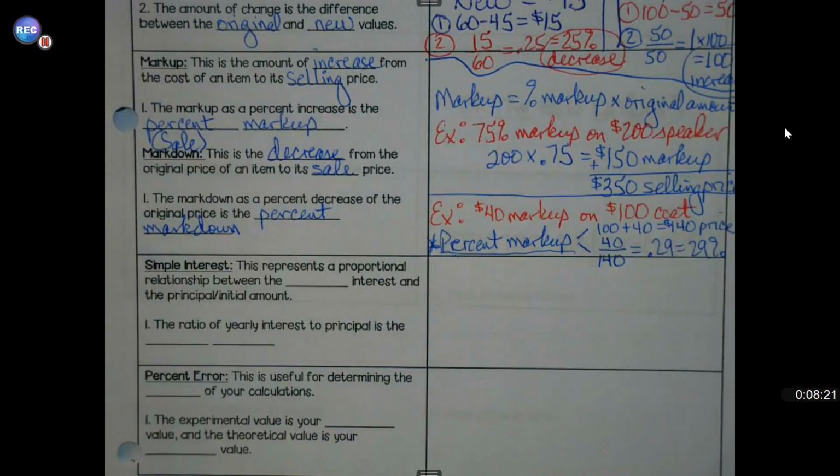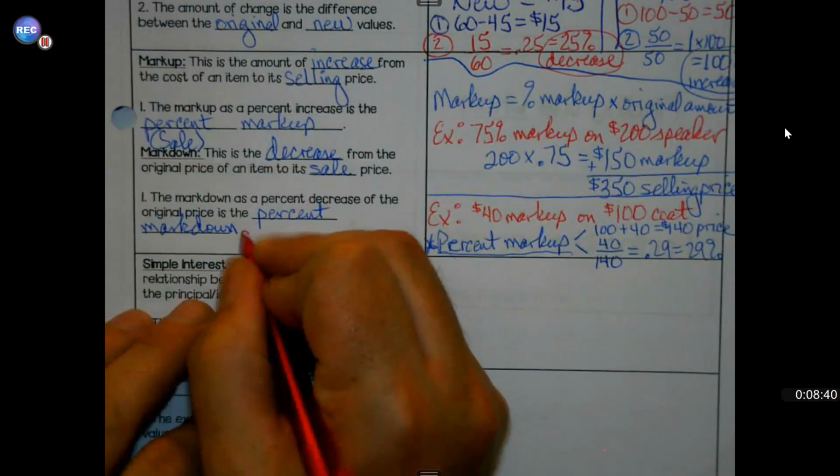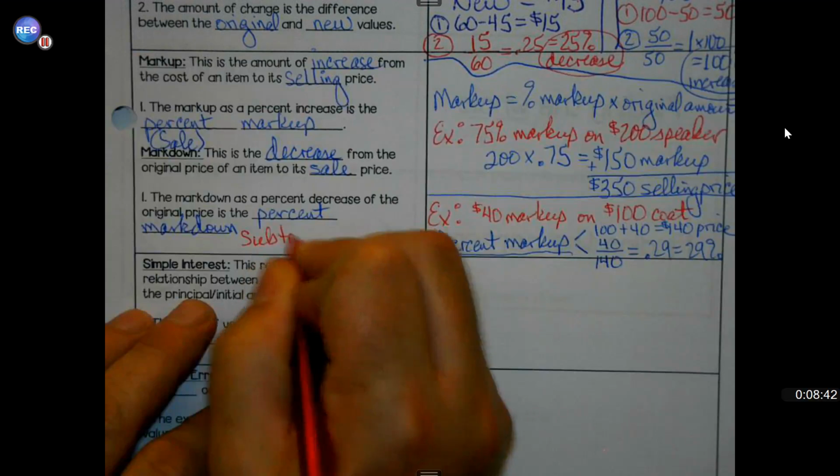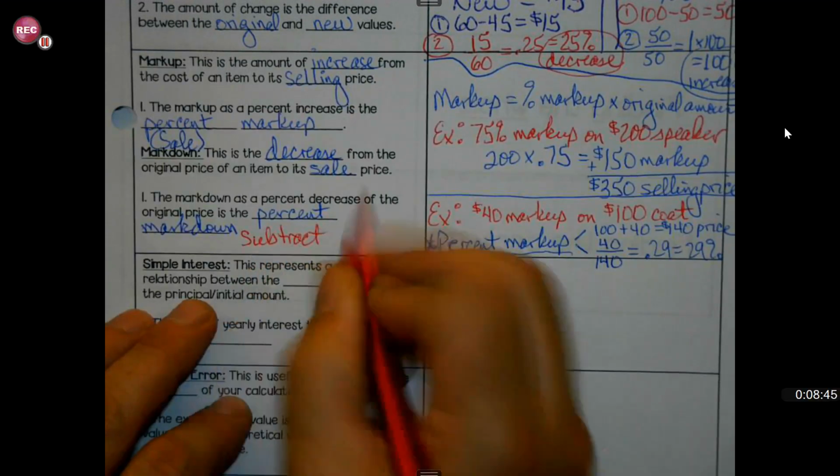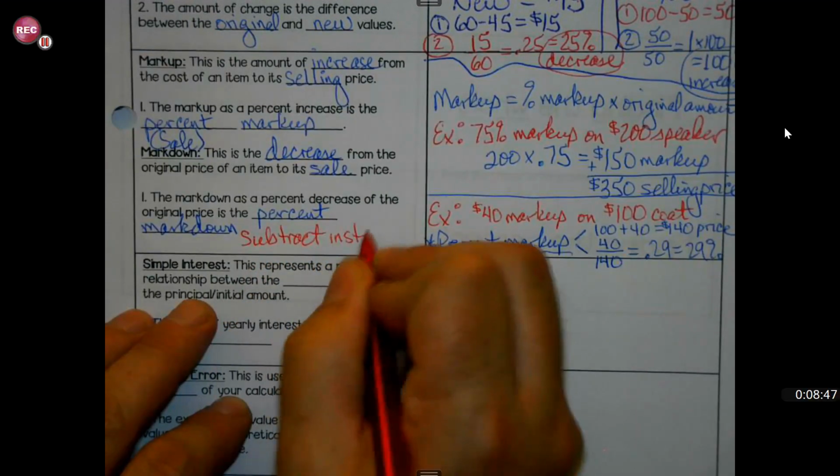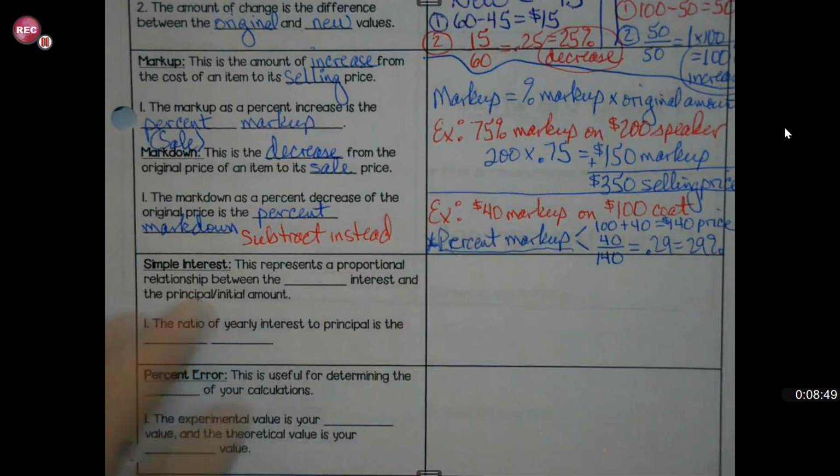The mathematics, again, the only difference here between markup and markdown, I still would need to have the percentage. But if it's marked down, we're going to subtract instead.